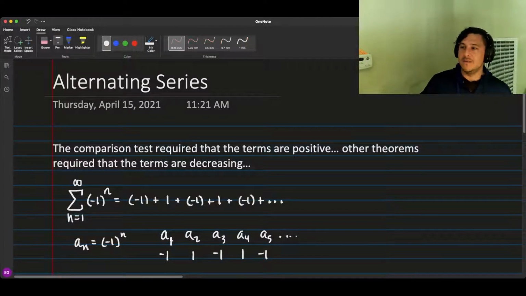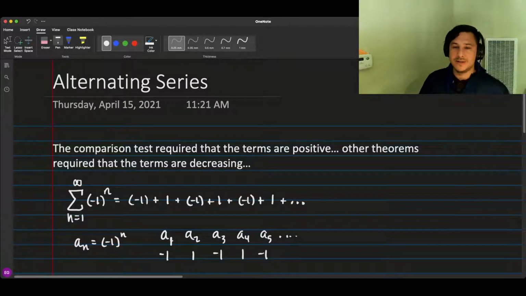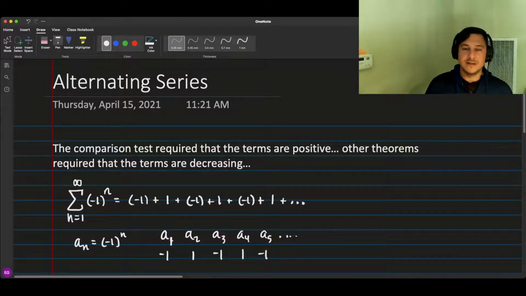I'm going to write in one more term to point you in the direction of that justification. It doesn't necessarily have to do with telescoping. Why would you want to say that negative 1 plus positive 1 plus negative 1 plus positive 1, forever and ever, is going to be 0?